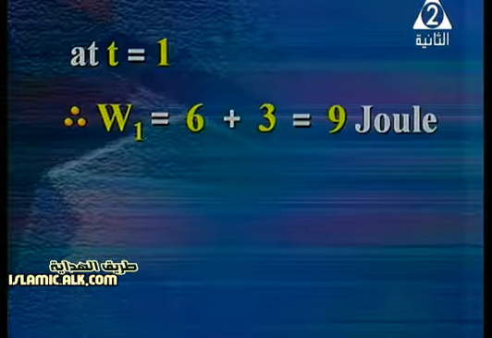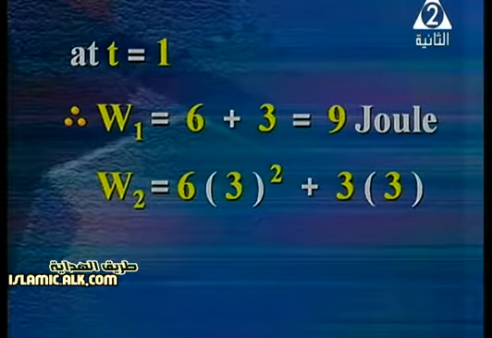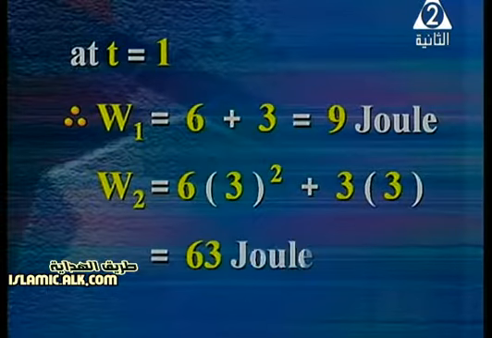At t equals 1, by substitution, the first work, W1, equals 6 plus 3 equals 9 joules. For W2, at t equals 3, 6 times 3 squared plus 3 times 3 equals 63 joules.